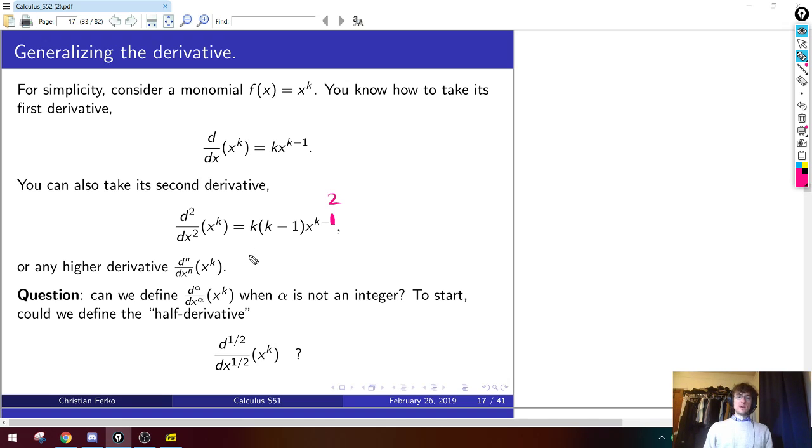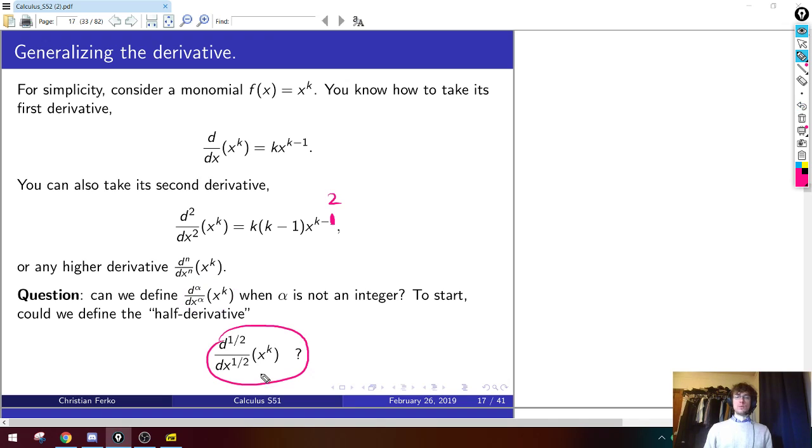But now you might say, okay, what about non-integer powers? Can I define a fractional derivative or a continuous derivative, d^alpha/dx^alpha of x to the k, for any real number alpha? Let's start with the easiest possible case. What about a half derivative?